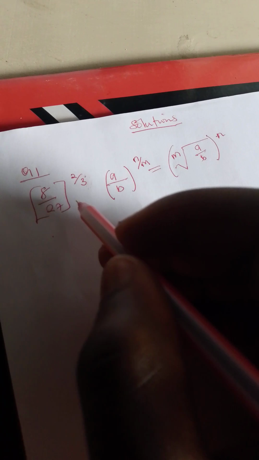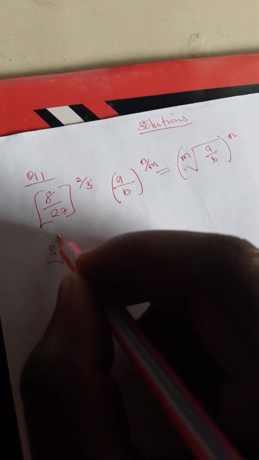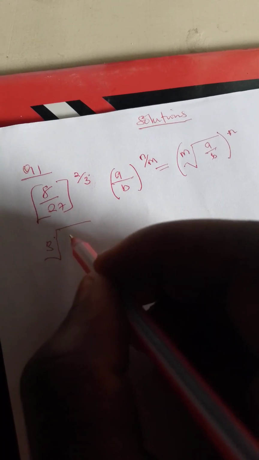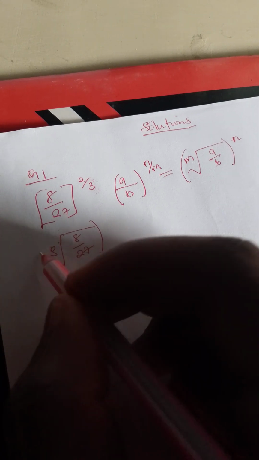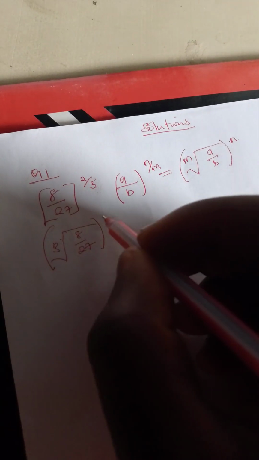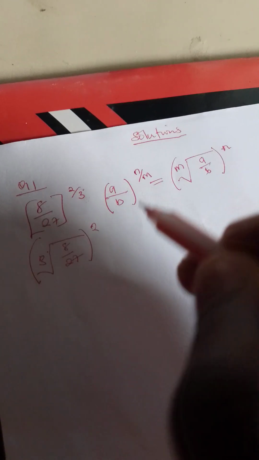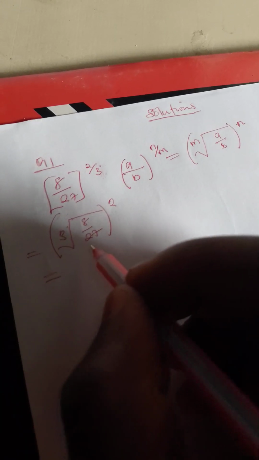So I'm going to start with the third root of 8 over 27, then raised to the power n, and in this case n is 2.